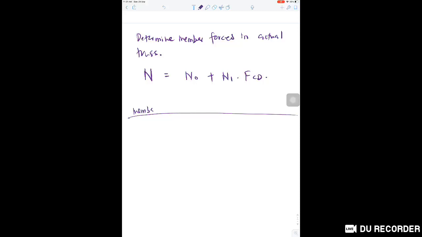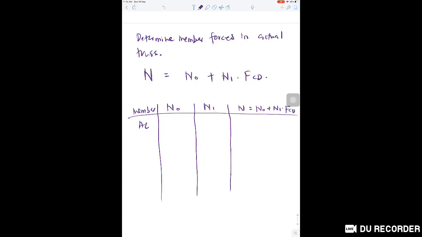Member. We have N naught coming from primary truss, and N1 coming from redundant truss. So N is the member forces in actual truss, and this is N naught plus N1 times FCD.